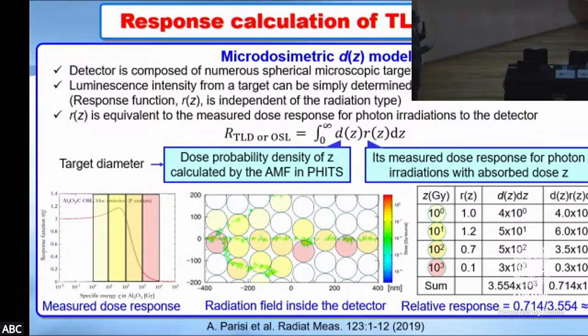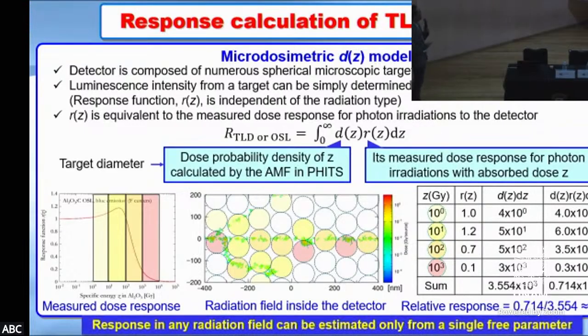Then if we calculate the microscopic radiation field, and we have four 1 gray targets, five 10 gray targets, five 100 gray targets, and three 1,000 gray targets. Then with these distributions and this response function, we can deduce the relative response to photon irradiation. In this case, roughly 0.2. So this is the fundamental of this model.